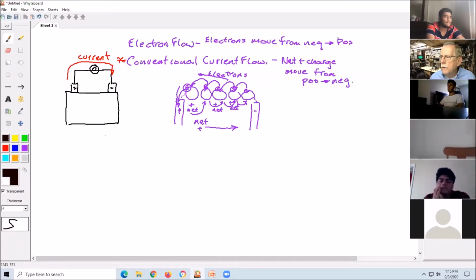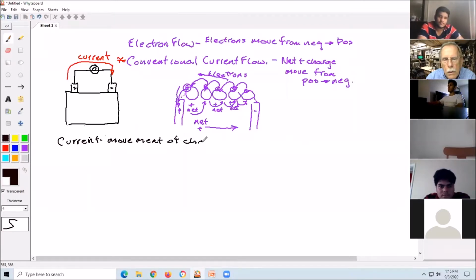All right. So that takes us to some definitions. Current is the movement of charge through the circuit, and in our case, we're talking about the net positive charge.